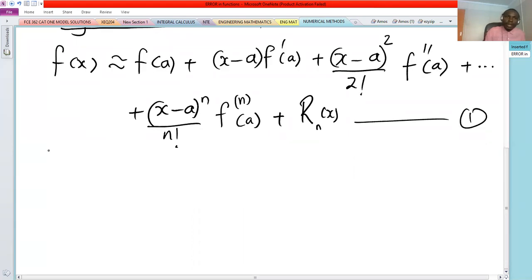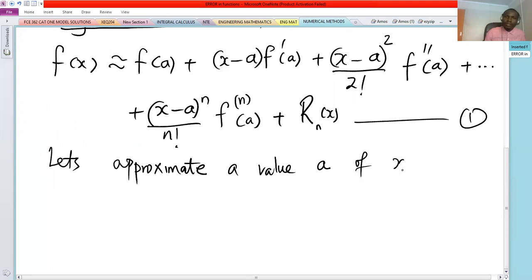Let's approximate the value a by a bar. The error in this value a is given by the true value a minus the approximate value a bar.